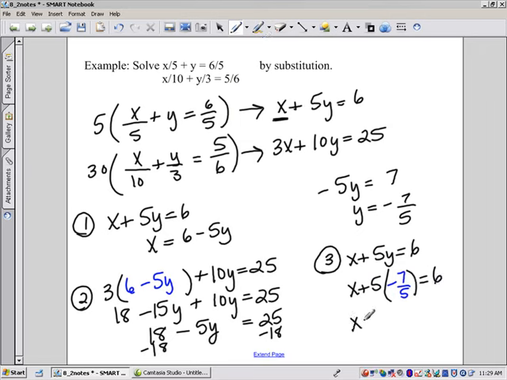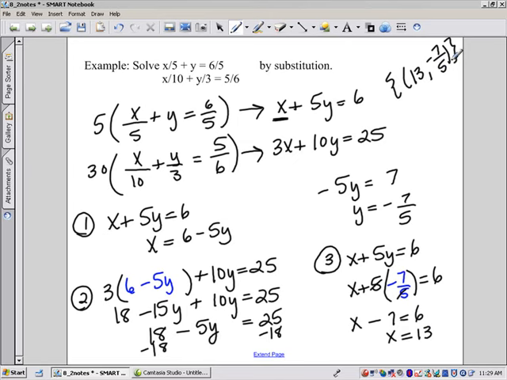Fortunately, this simplifies nicely. The 5's divide out, so we get really x minus 7 is equal to 6, or we can add 7 to get x is equal to 13. So the solution to the system would be the ordered pair 13, negative 7/5.